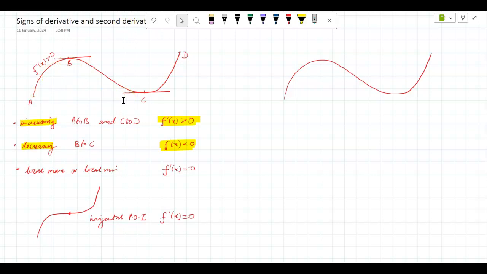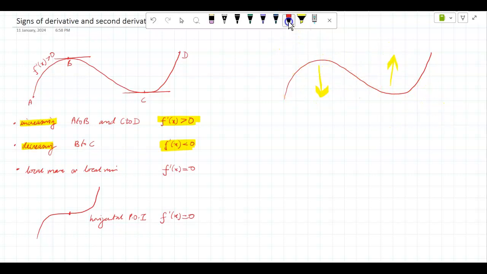Now, looking at the shape, I just copied the shape again over here. When you have a shape like this, it's concave down, and this one is concave up.